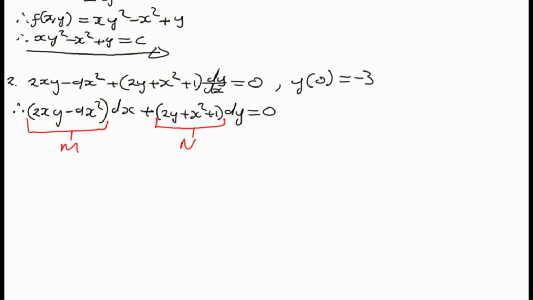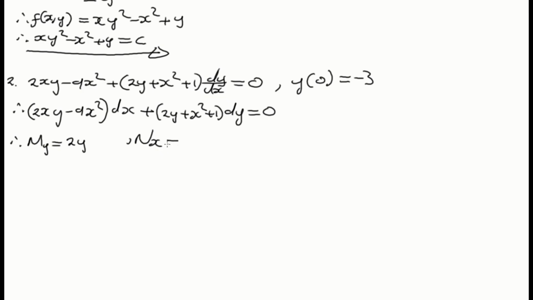Alright? So when we perform our test, we say with respect to y, because we know this is a partial derivative, this will be 2x plus 0, therefore 0.